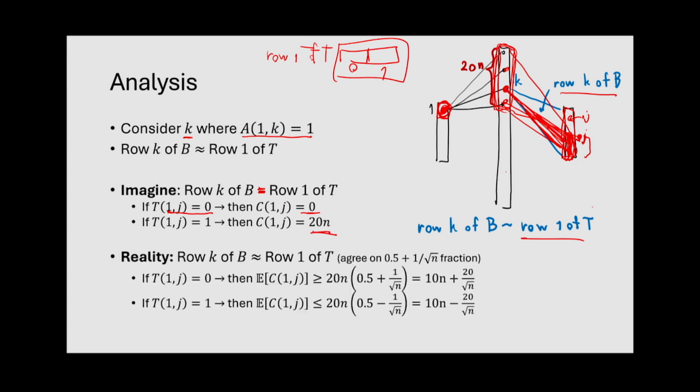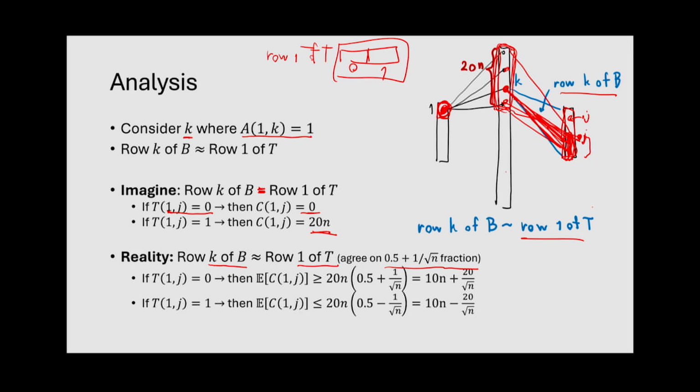But now, we don't have this exactly, but we have that rho_k of B is similar to rho_i of T, and the agreement is basically 1/2, but with some bias, a bias of plus 1 over root n.